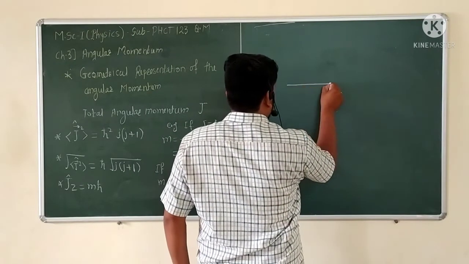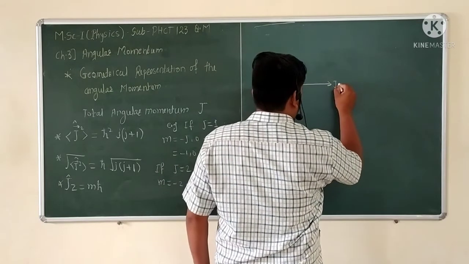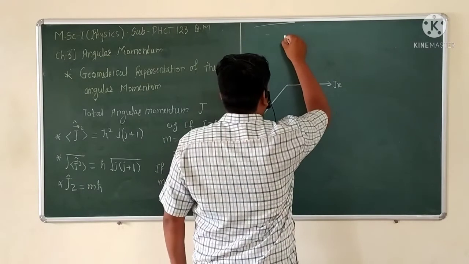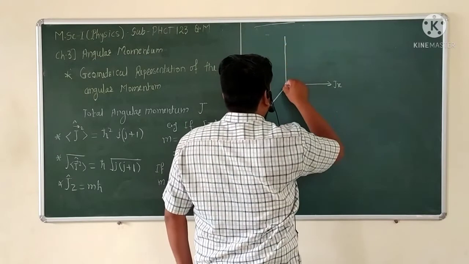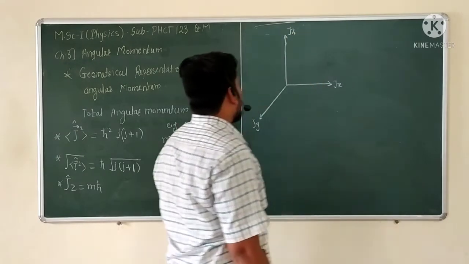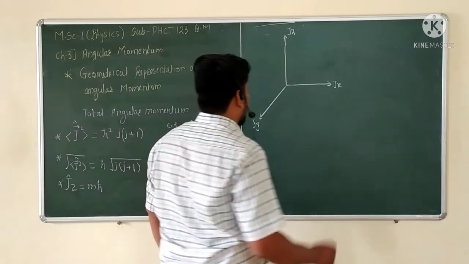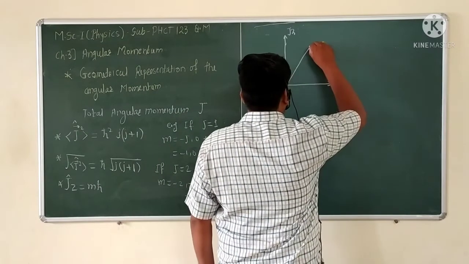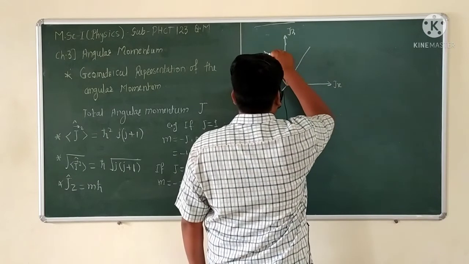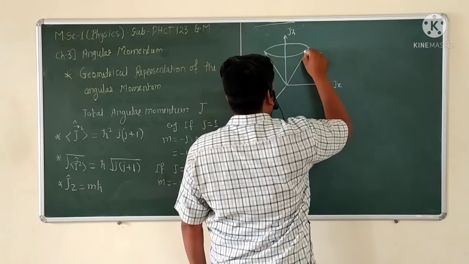For example, this is the Jx axis, this is the Jy axis, and this vertical component is the Jz axis. The rotation about the z axis is the precession of the total angular momentum.